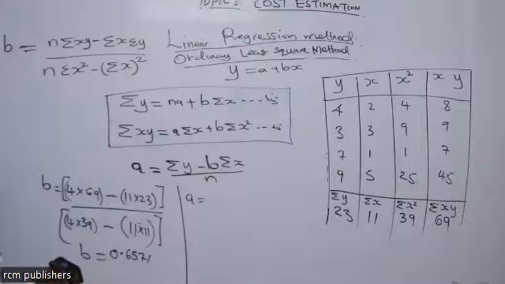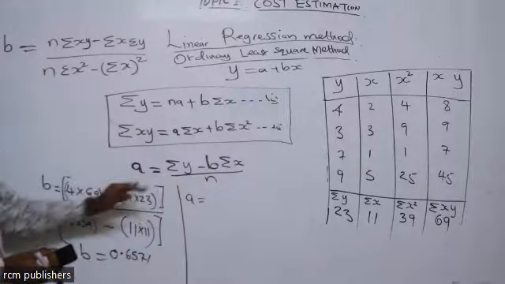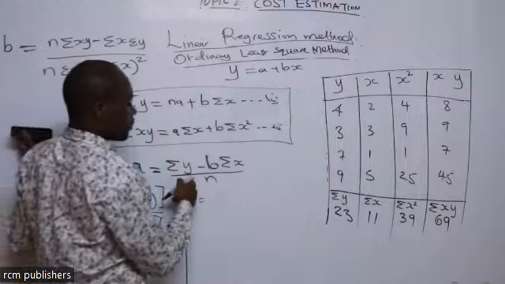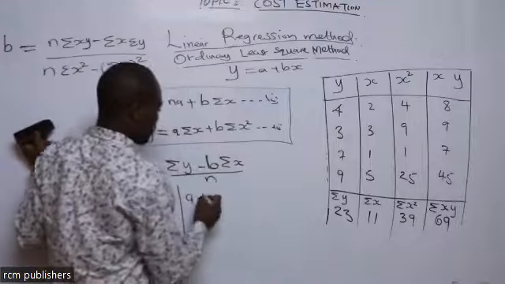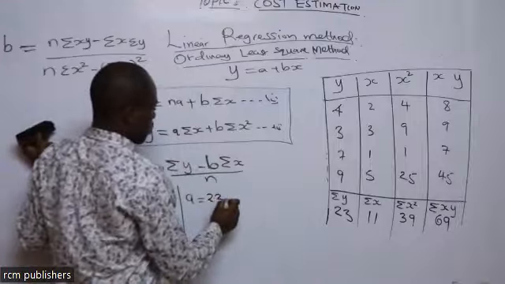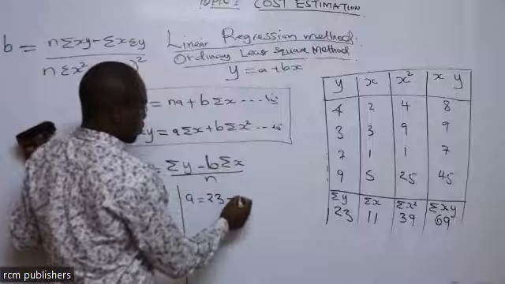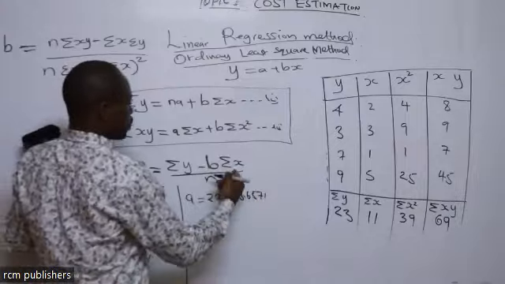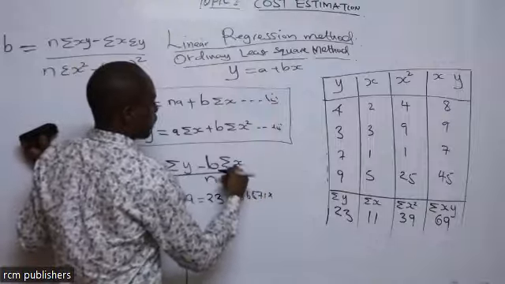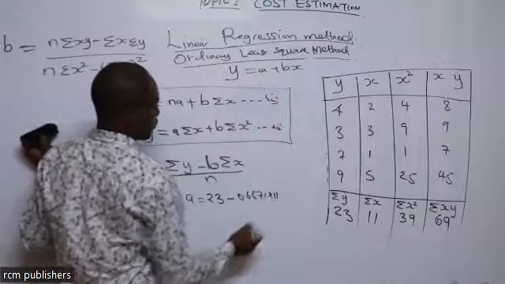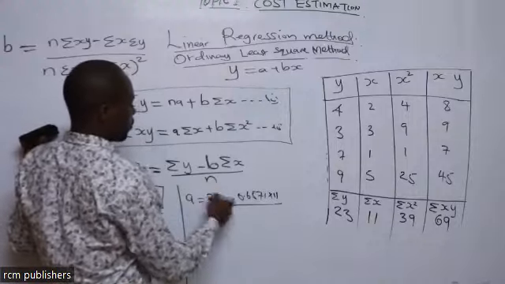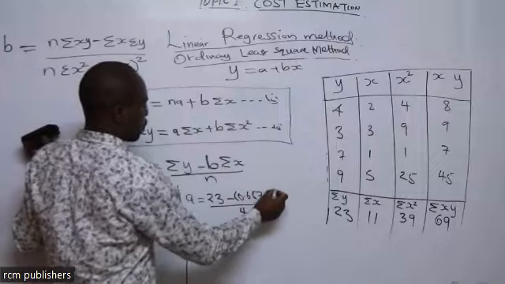Going forward, if you calculate the value of B, use 4 decimal places to help you have an accurate value for A. So our A will be summation of Y, 23, minus B, 0.6571, multiplied by summation of X, which is 11. Then we divide by n, which is 4. That's all.